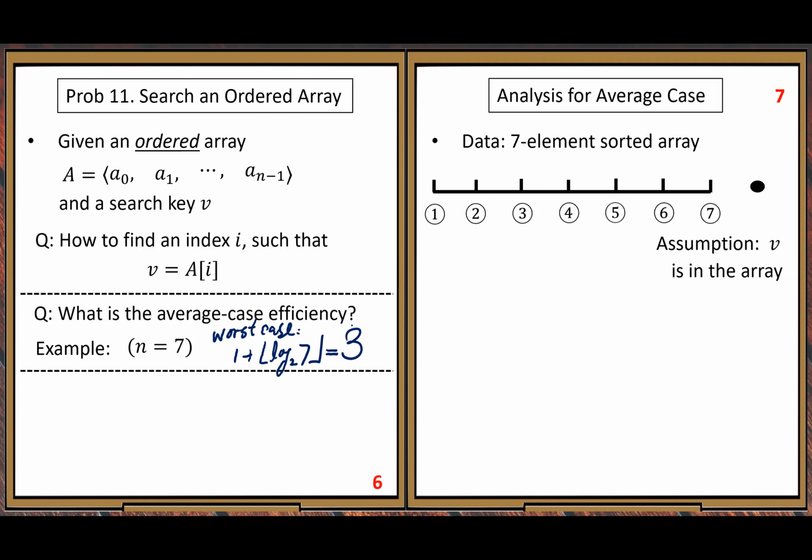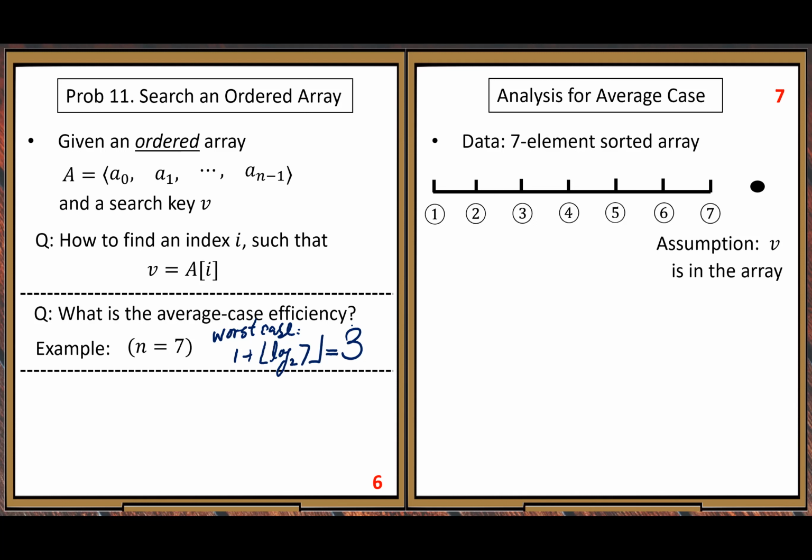Here we make a simple assumption: V is in the array. If V is not in the array, then we need to make another assumption, some probability P for which V is in the array.